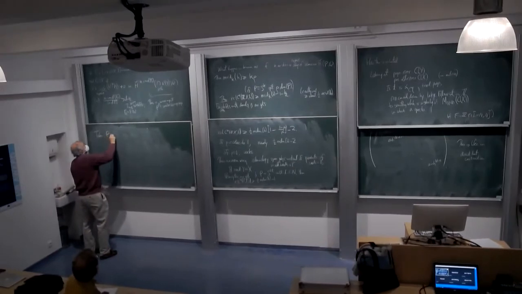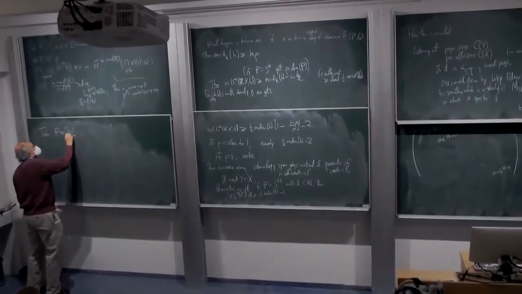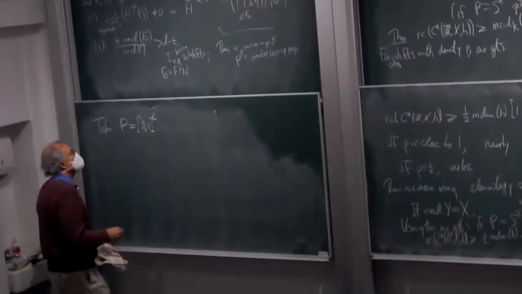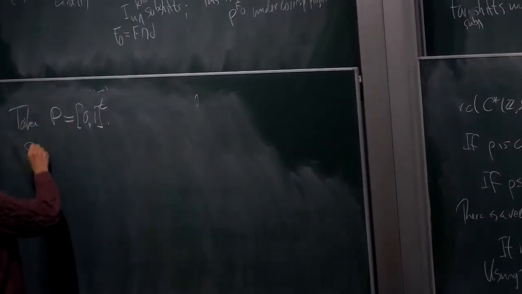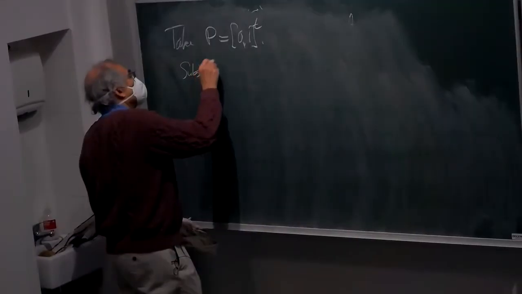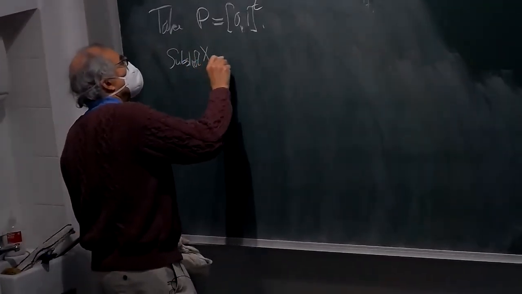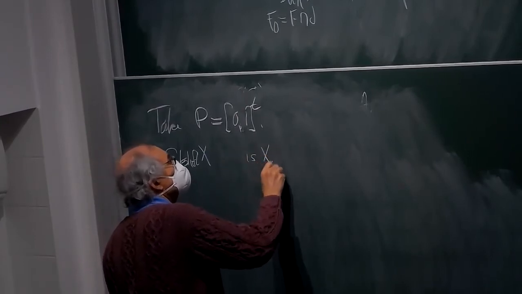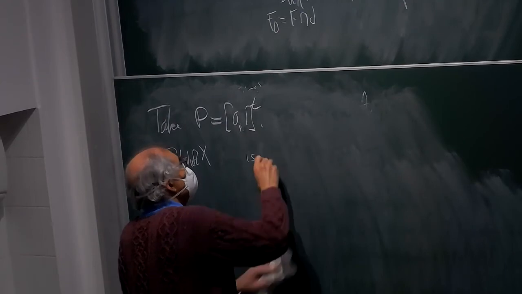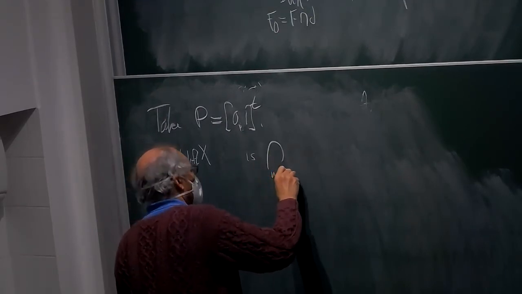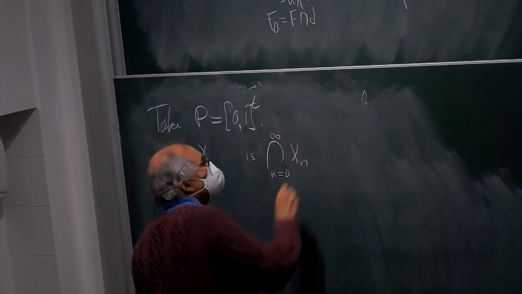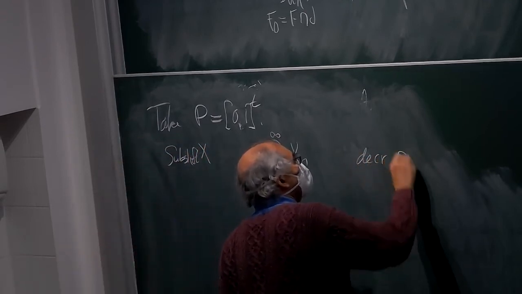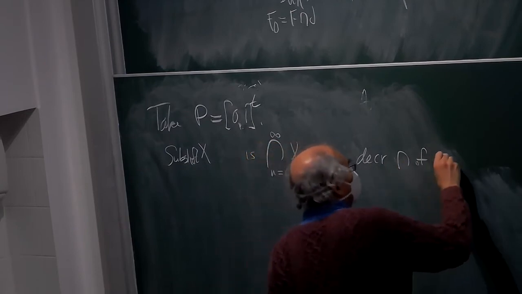Take P to be a cube. Then take the subshift X. You start with X0, the intersection from n equals 0 to infinity of Xn, a decreasing intersection of invariant subsets.